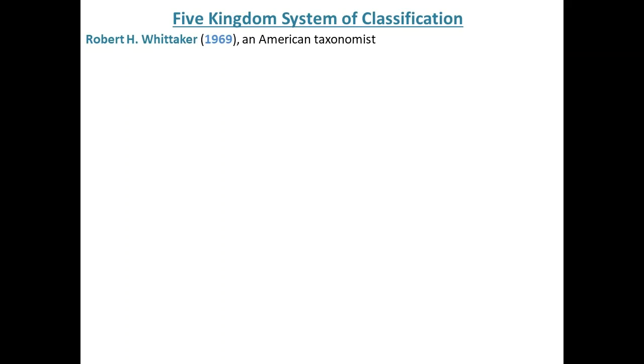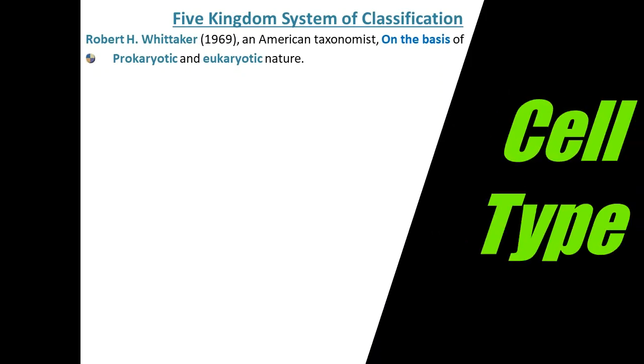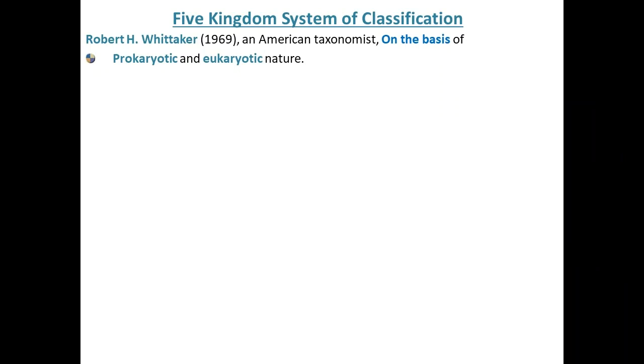Next we are coming to the 2-mark question under the topic of the five-kingdom classification. That is, what is the basis of Whittaker's classification? Whittaker divided the living world into 5 kingdoms, and what was his basis? Number 1 is cell type, meaning whether the organism is a prokaryote or a eukaryote. You should know, students, the word meaning, which is very important to improve your vocabulary in biology.